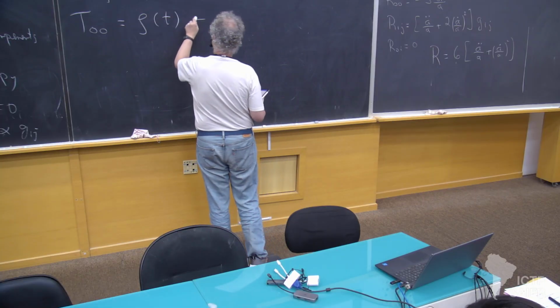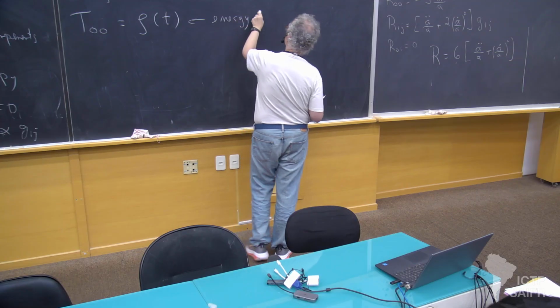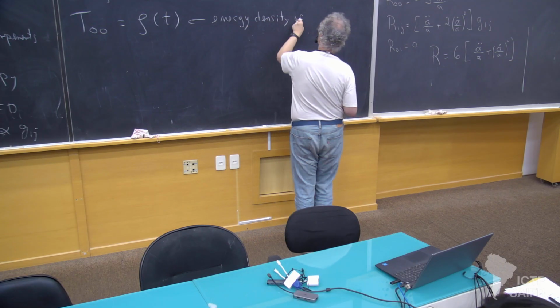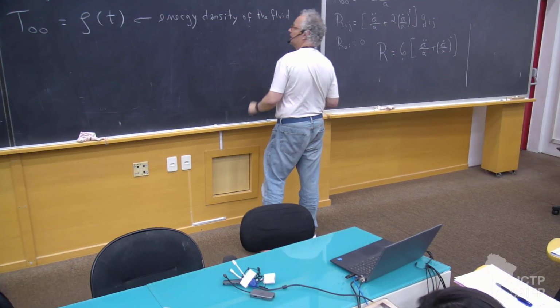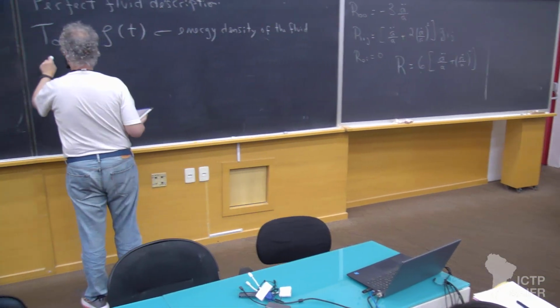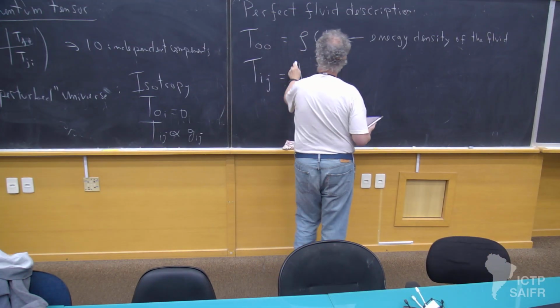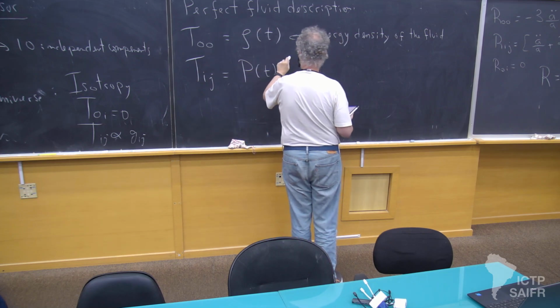So this is the energy density of the fluid. And the T_ij is related to the pressure of the fluid, pressure P, which can also depend on time, times g_ij.